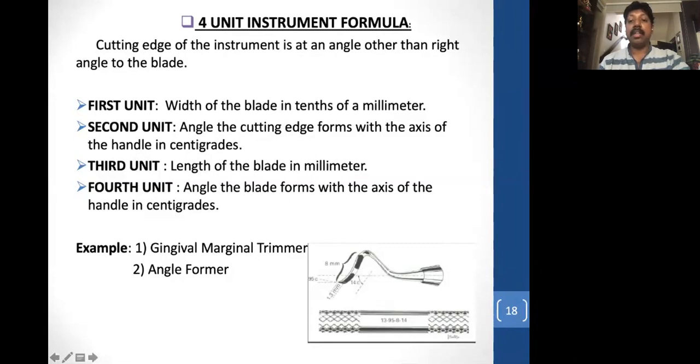Second angle is 95 degrees. हम लोग बोल रहे थे ना, mesial angle होगा तो acute रहेगा, distal होगा तो obtuse रहेगा. सो 90 के above रहेगा second angle, that is called as distal marginal trimmer, distal side. If the second angle is less than 90 और acute angle रहेगा, that is called as mesial marginal trimmer, okay, mesial part of a GMT. Okay, then third one is length of the blade, that is 8 mm. Okay, and the last one is 14 is the angle, last angle, that is the same like before.